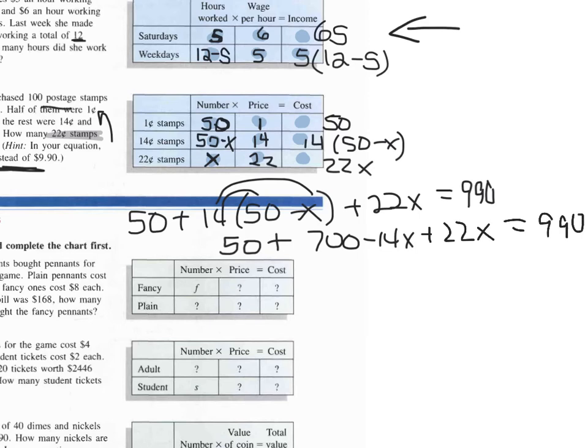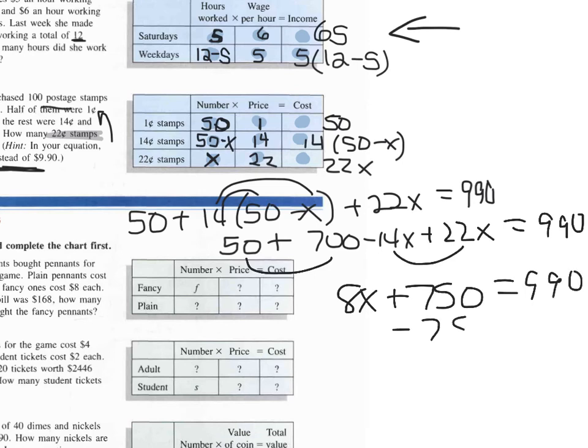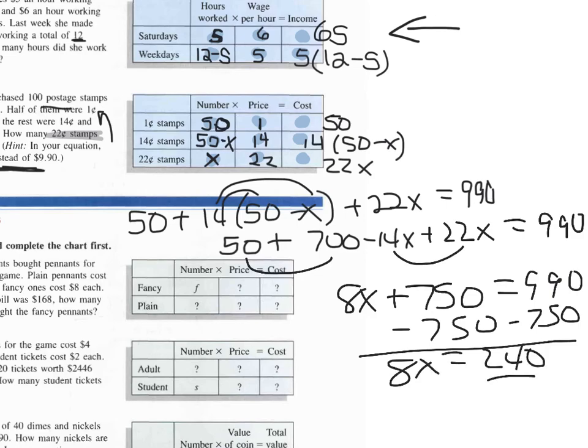I'm going to group my like terms here. So these are like and these are like. So when I add the 50 and the 700, I get 750. And then negative 14 plus 22 is 8x. Subtract 750. 8x equals 240.